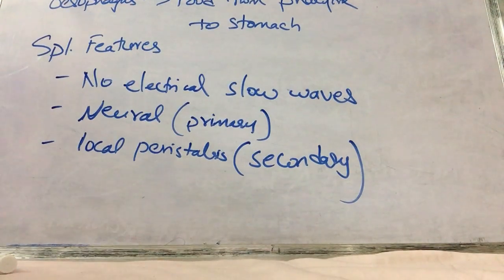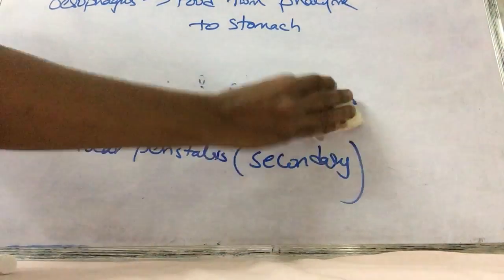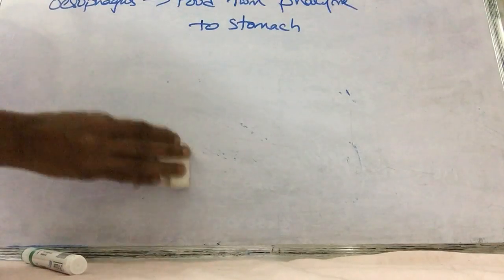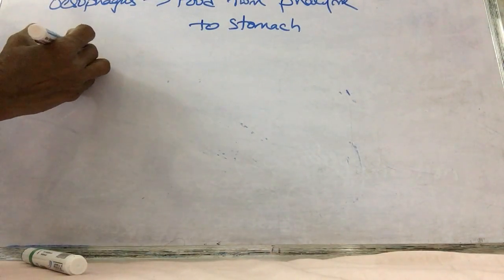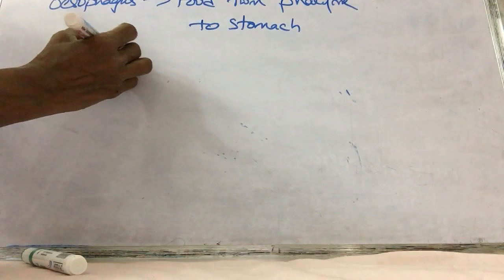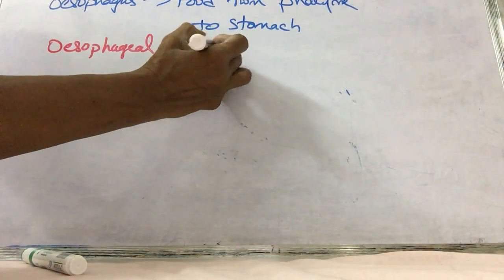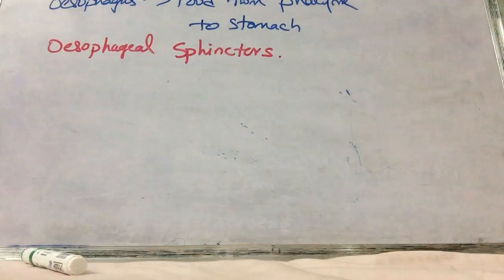Next is the esophageal sphincters. The upper esophageal sphincter is mainly a physiological sphincter.